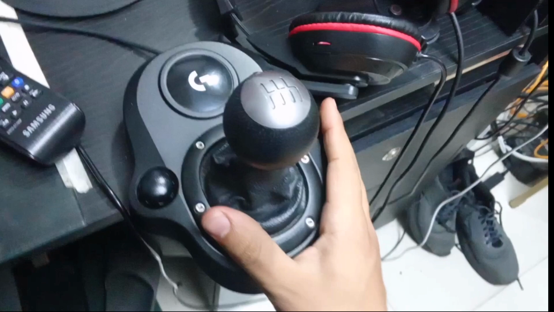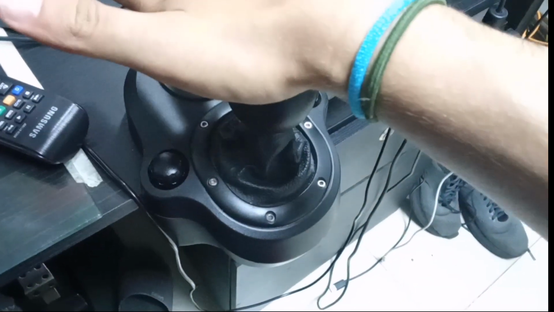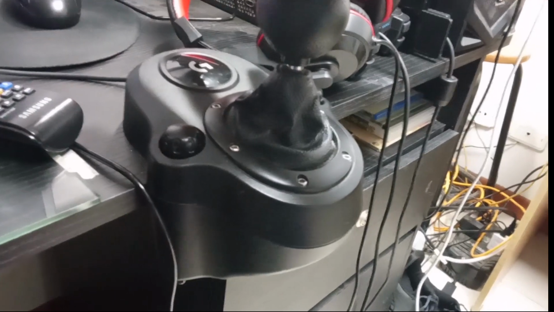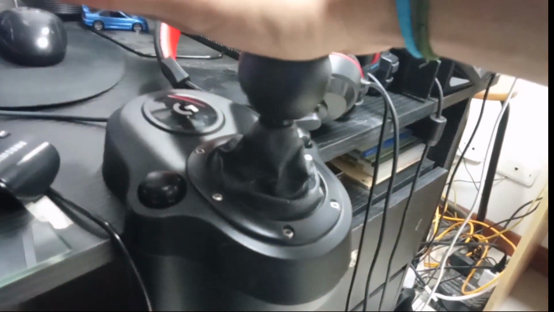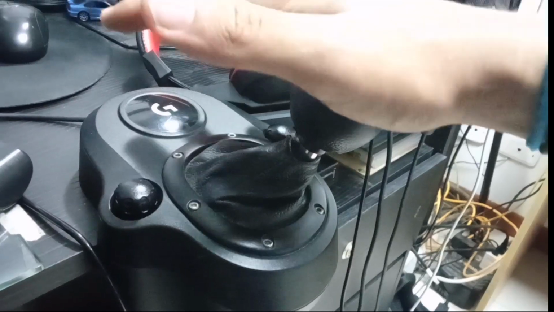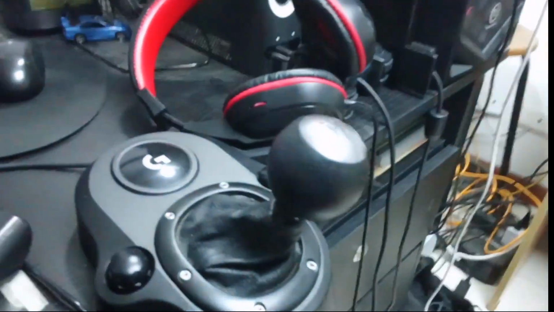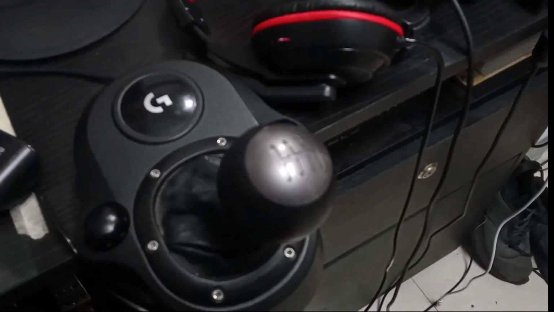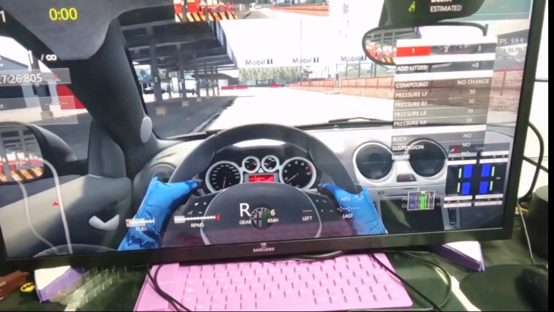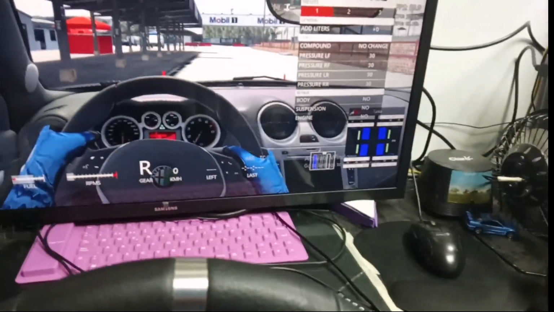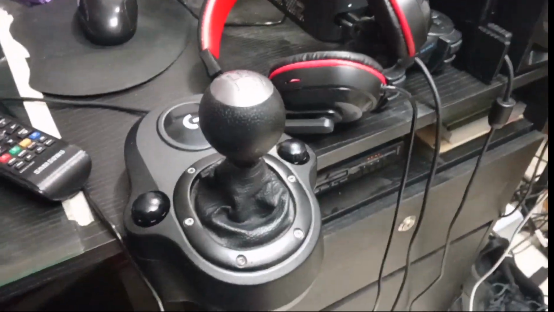But in this shifter to make reverse, we have to push down the shifter and move it to the right and then back. Now we are in reverse. As you can see, we are going back. But yeah, it is what it is.